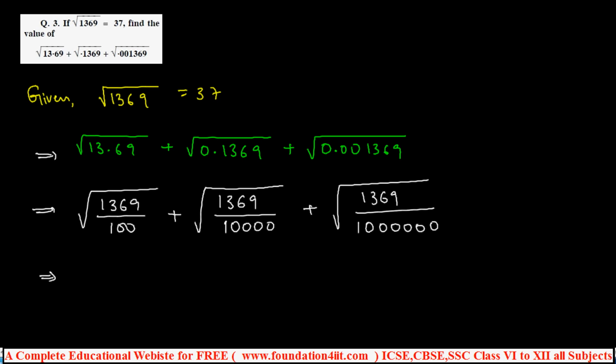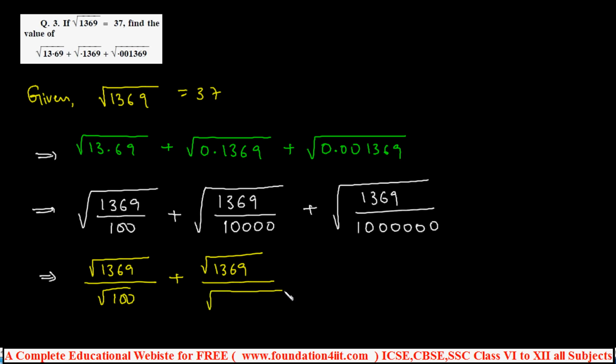Now we can separate the square roots: the square root of 1369 by the square root of 100, plus the square root of 1369 by the square root of 10,000, with 4 zeros, plus the square root of 1369 by the square root of the number with 6 zeros.